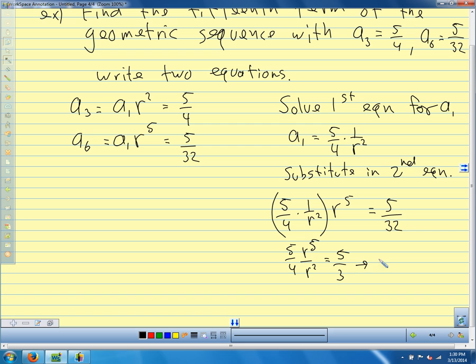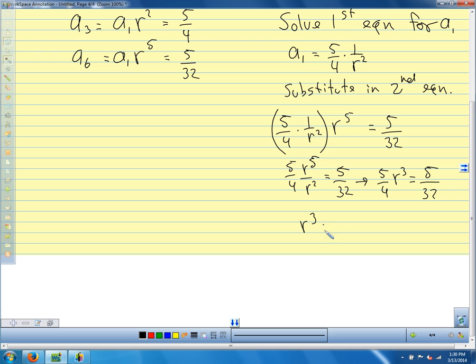So I get 5/4 r to the 3rd equals 5/32. I multiply both sides by 4 and divide by 5. So r to the 3rd equals 5/32 times 4/5. The 5's cancel, and the 4 goes into the 32 8 times. So r to the 3rd equals 1/8.